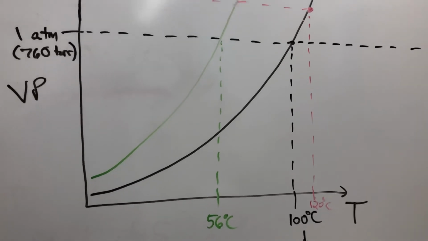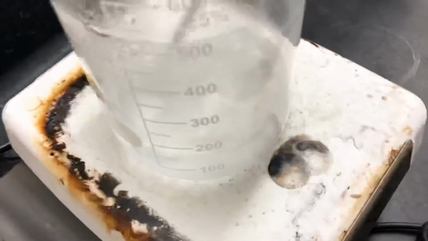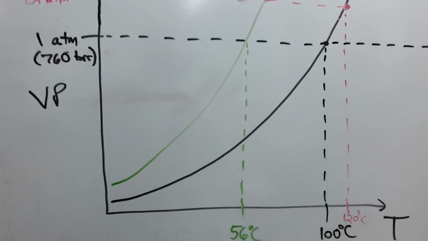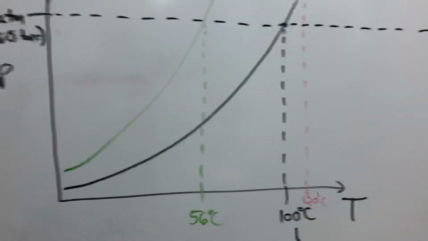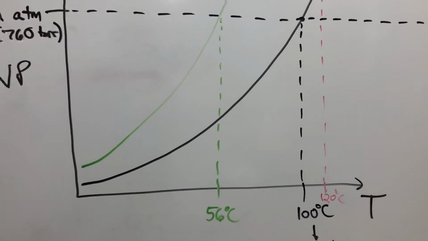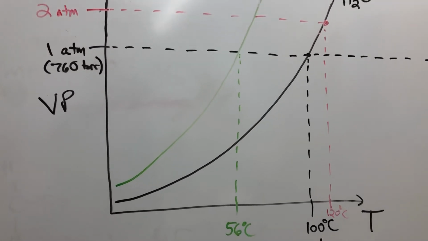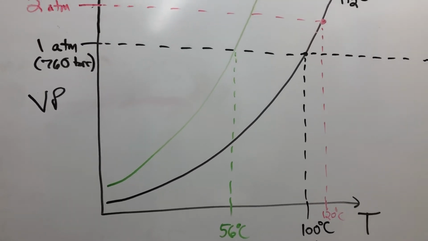In an open pot, because that boiling water never gets above 100 degrees Celsius, anything that you're cooking in the pot is going to be 100 degrees Celsius. In a pressure cooker, the water is not boiling all the way up to 120 degrees Celsius. And so you can be cooking things at a much higher temperature than you would be in the open pot, which allows things to cook faster.